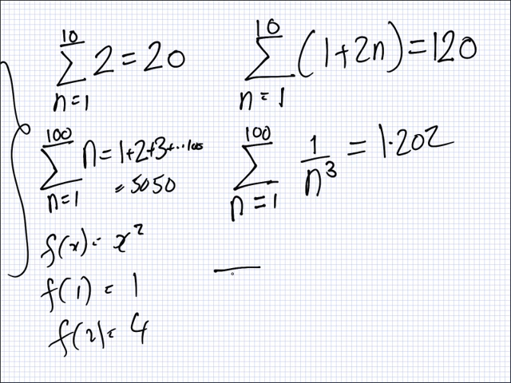Right, let me give you one more here. Okay, let's try this one. n from minus 10 to 10, 1 over n plus 21.